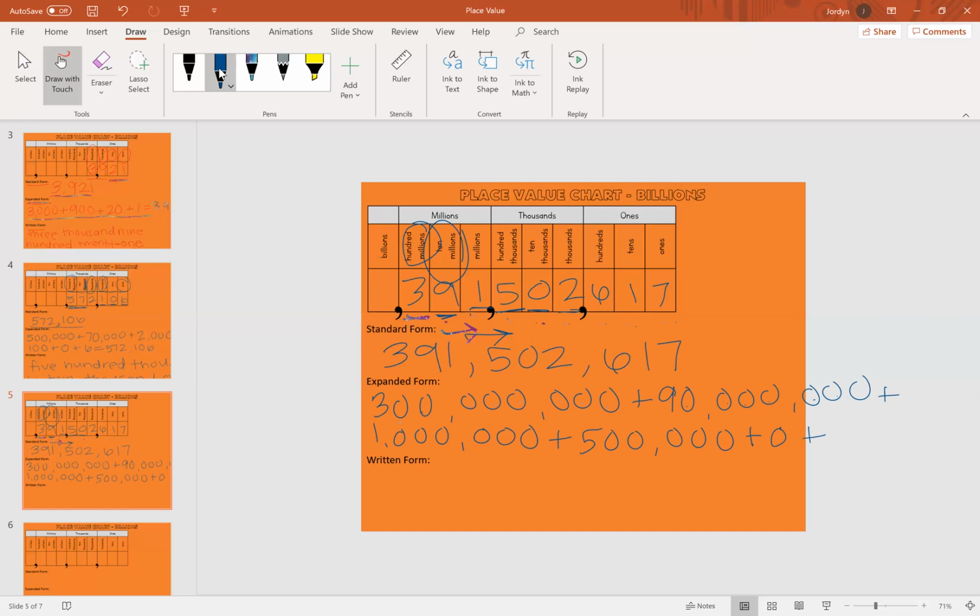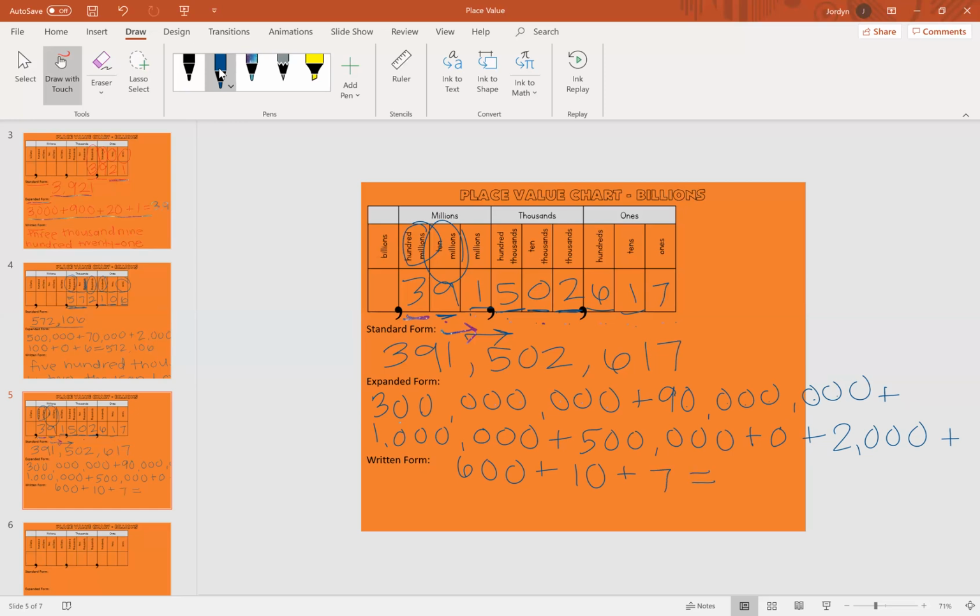Next is this 2, which is in the thousands place. How much is 2 thousands? It is 2,000. Next is this 6. 6 hundreds is 600. Add. Next is this 1 ten, which is 10. And next is my 7 ones. 7 ones is 7. Equals that standard form.